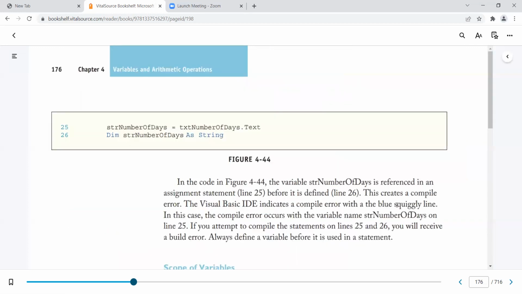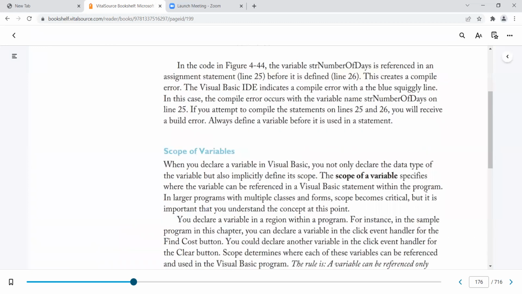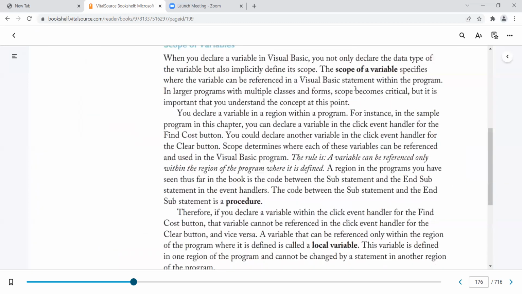Next is scope. You can read about it. What is scope? It's where I can refer to and use this variable, putting it in local, just in between one sub and another sub.